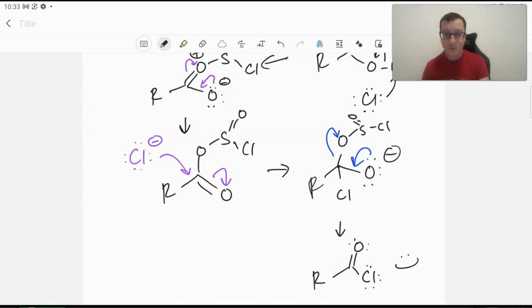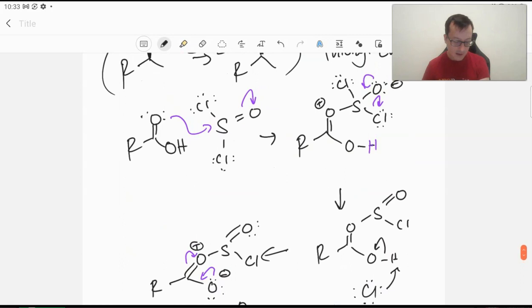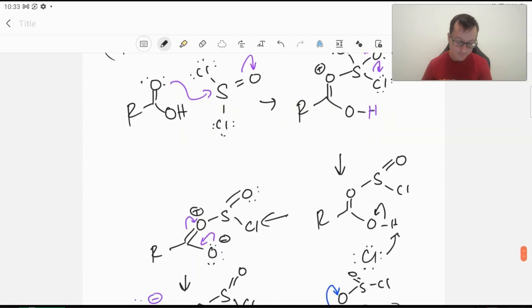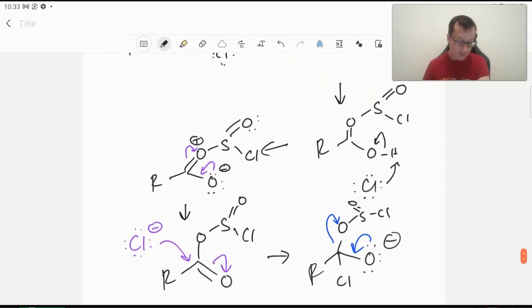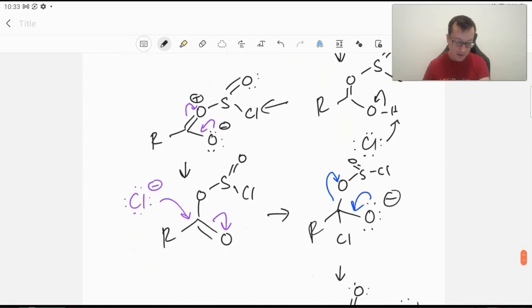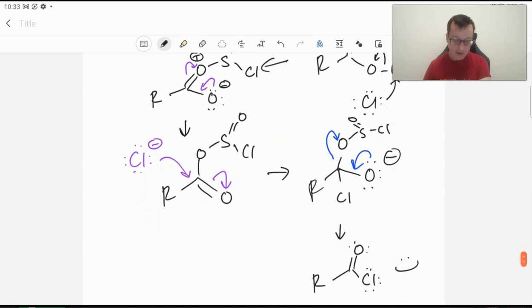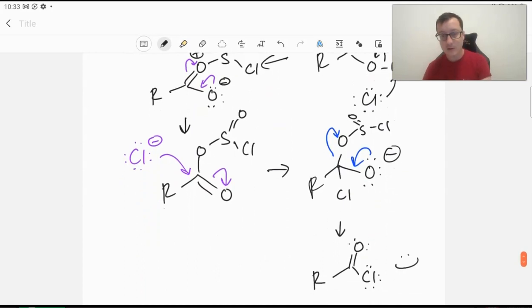We've done it. So first step, we attack our reagent, kick out one of the chlorines. Chlorine comes, grabs a proton, we can go ahead and close this ring down, attack with chlorine again, close down the ring, kick out the O-sulfur bit, and we'll end up with our happy reagent.